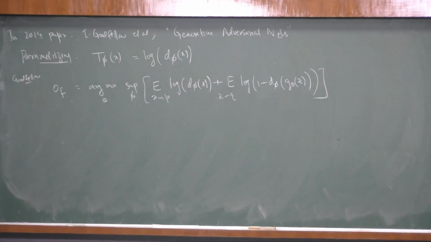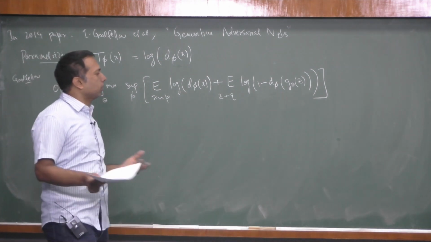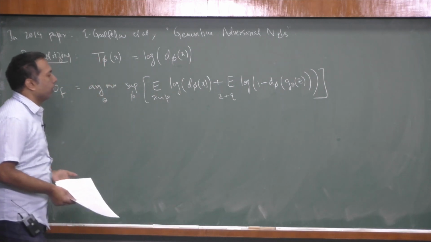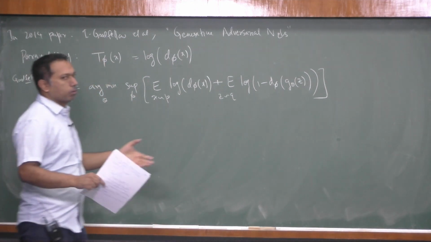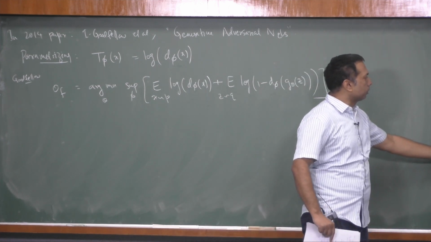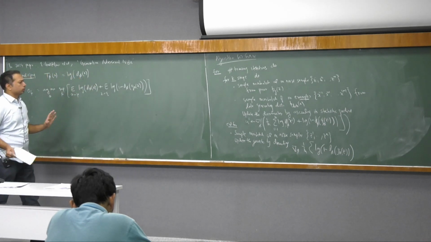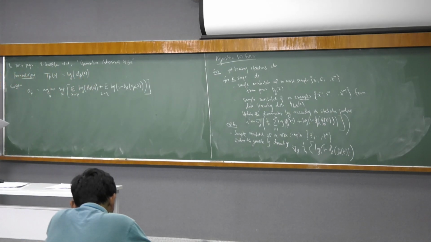Just take the gradient here. And in the original proposal, this was proposed in 2014, and then many tweaks keep happening in GAN. So this may not be the exact algorithm that you might see if you do some Google search. This is the original algorithm, so you will see many variants. A lot of research has happened in tweaking GAN.